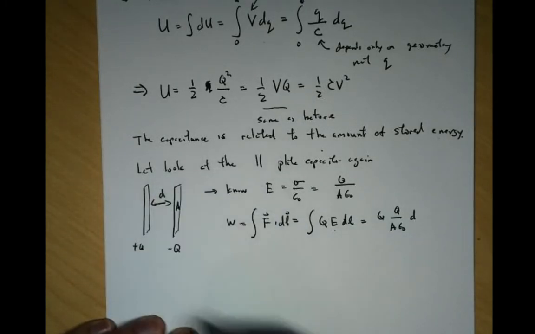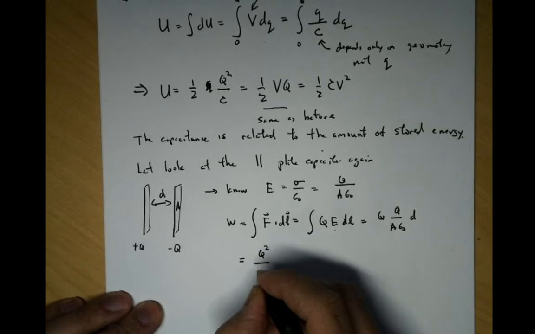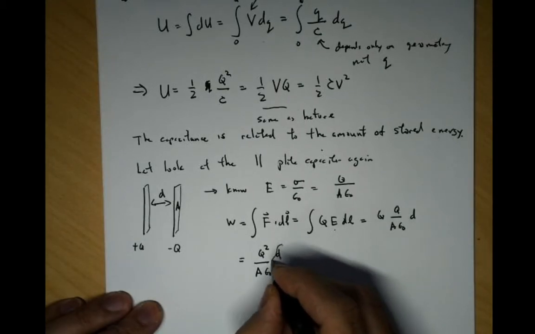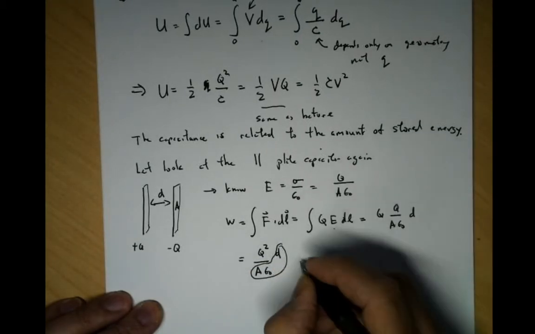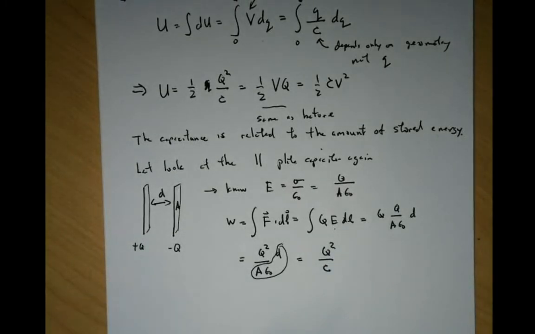Let's say I pull them apart some distance d. And so this is going to be equal to Q squared over A epsilon naught times d. And then you'll recognize that this thing right here is essentially 1 over C. So it's basically Q squared over C.